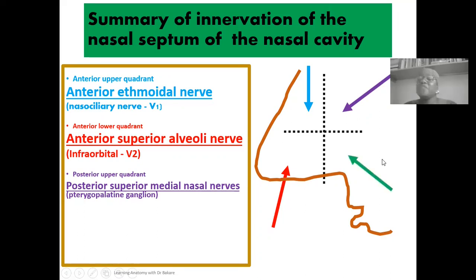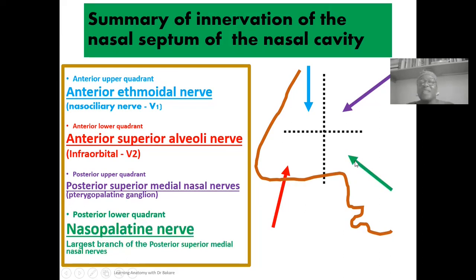Then the posterior inferior part of the nasal septum will be innervated by the nasopalatine nerve. We already said that the nasopalatine nerve is the largest branch of the posterior superior medial nasal nerve. So if you see a collection of the posterior superior medial nasal nerve, the largest of those branches will be driven down to supply the posterior lower part of the nasal septum.